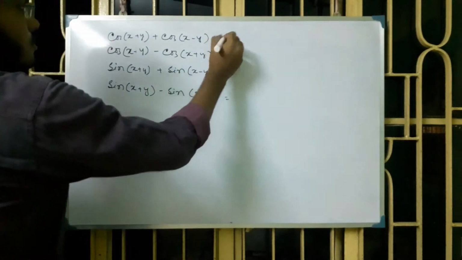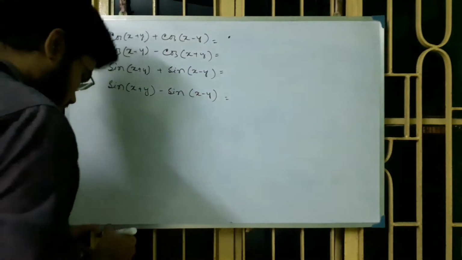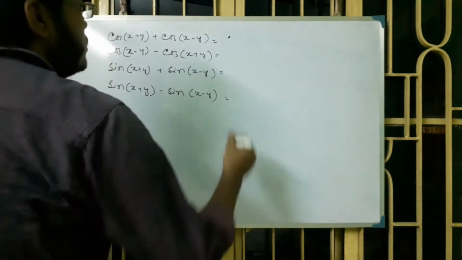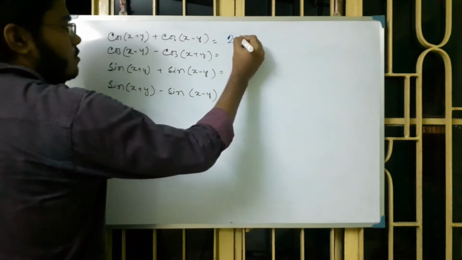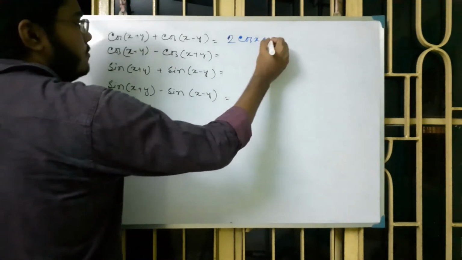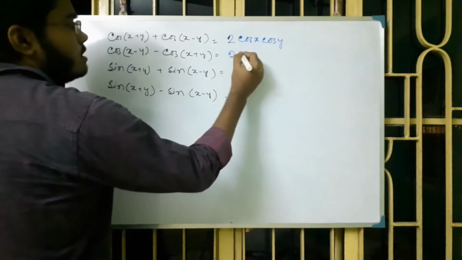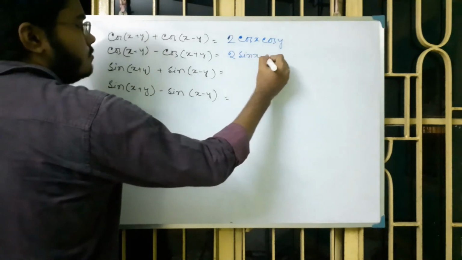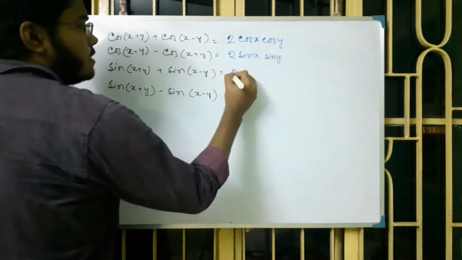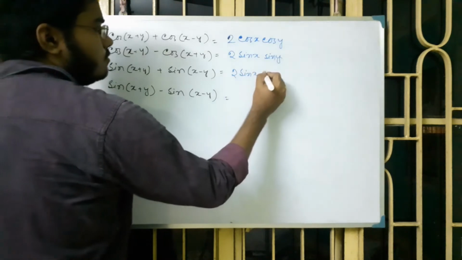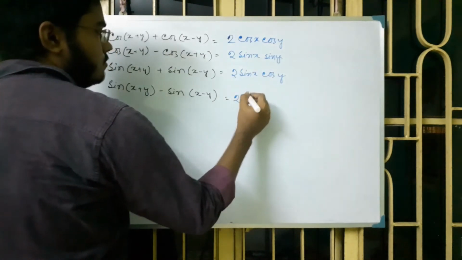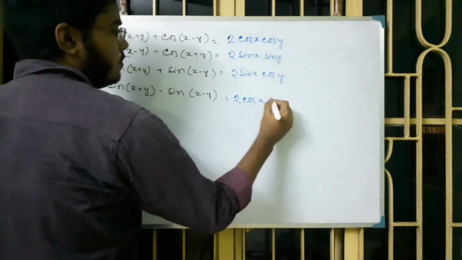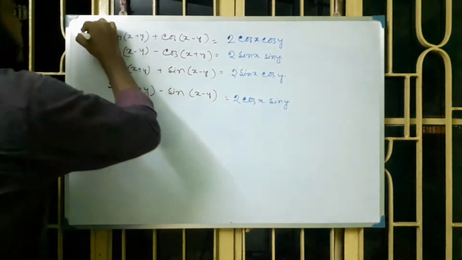So this is 2 cos x cos y, this is 2 sin x sin y, this is 2 sin x cos y, this is 2 cos x sin y. Okay, this is the summarization.